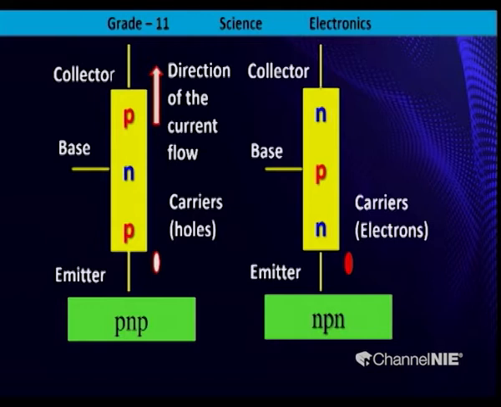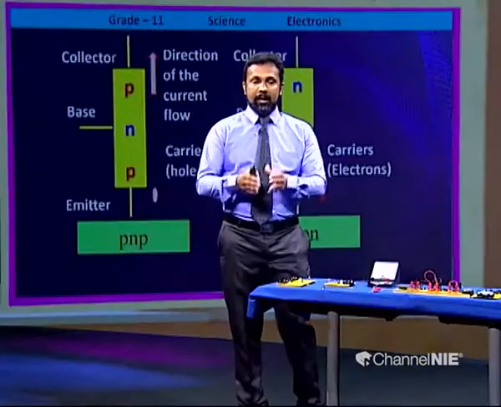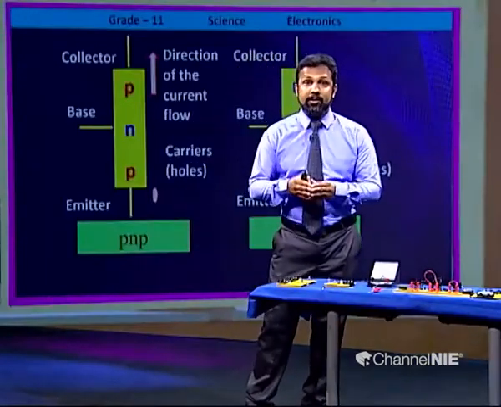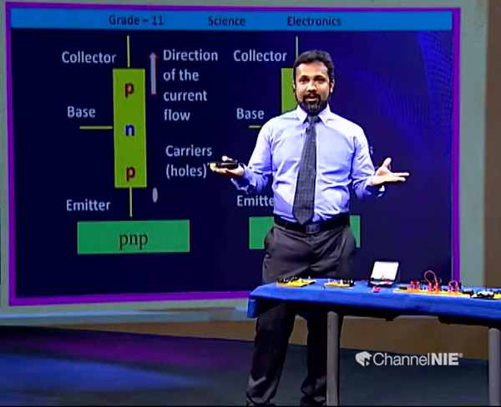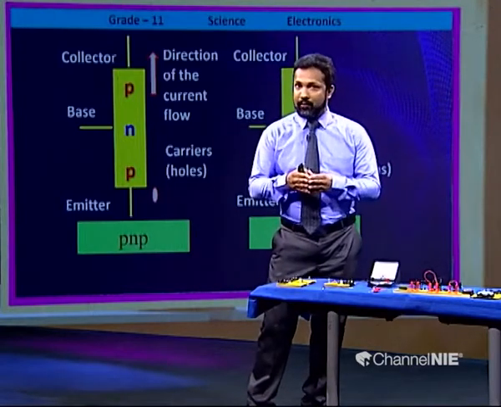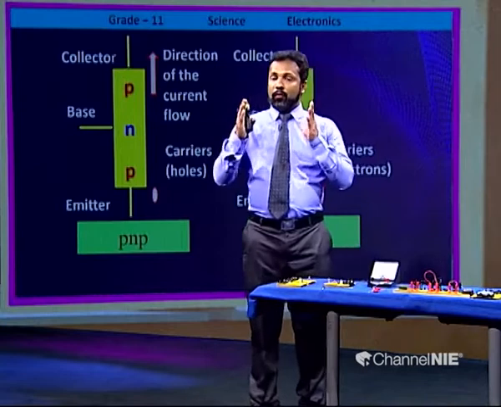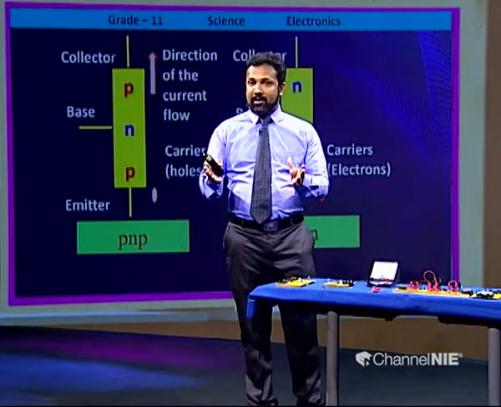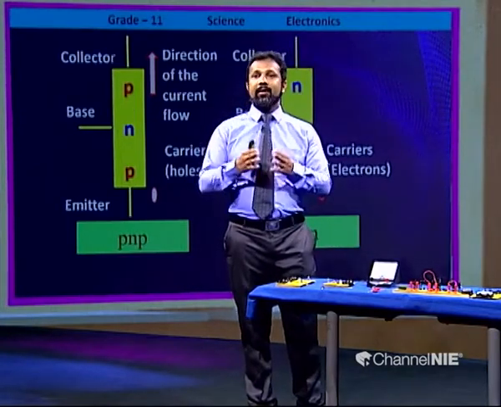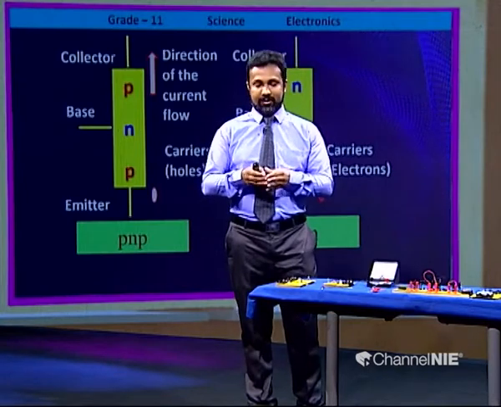That means we doped group 5 elements, arsenic or phosphorus. So, NPN transistors consist of a large amount of free electrons. As a result, we can understand free electrons act as the charge carriers in n-type semiconductors.